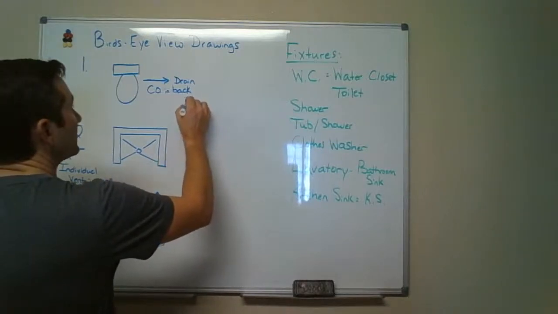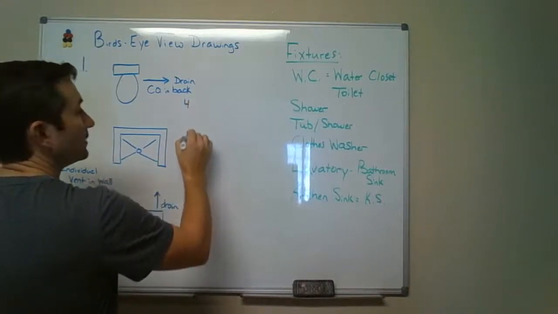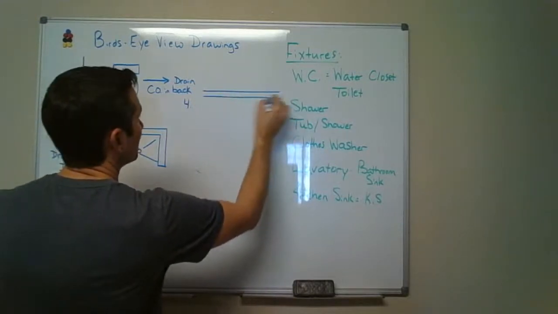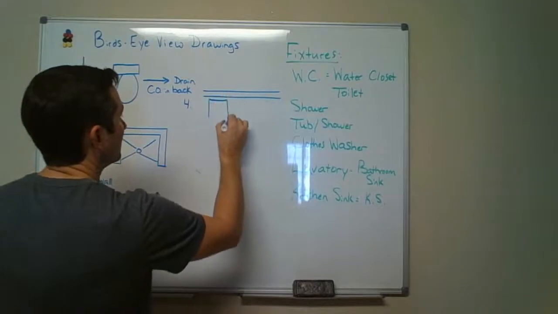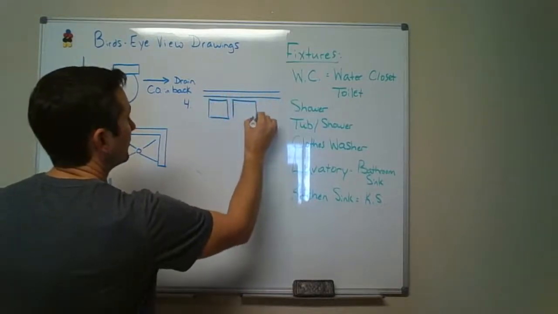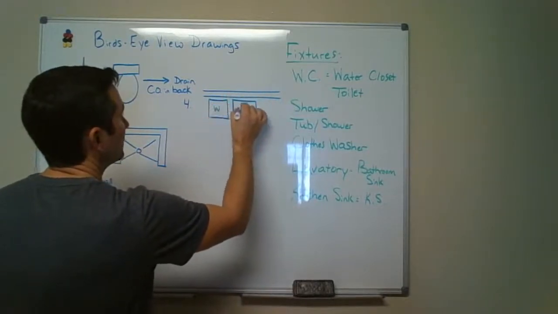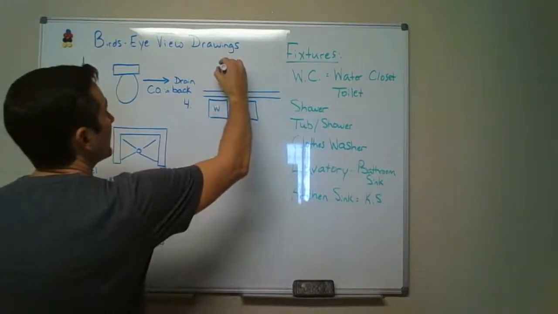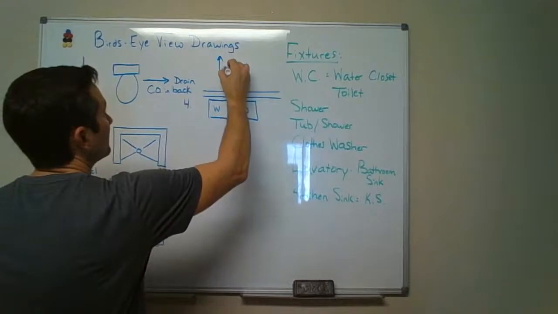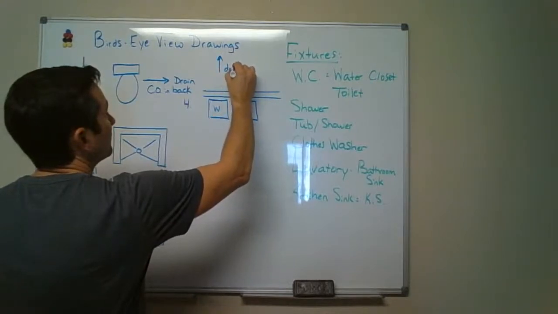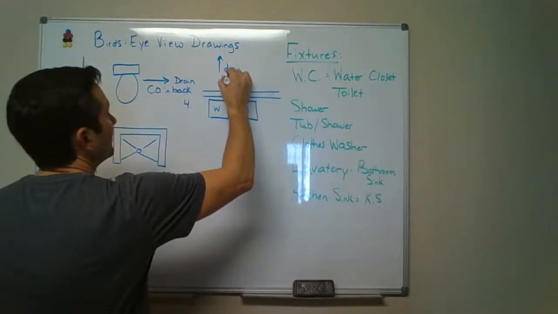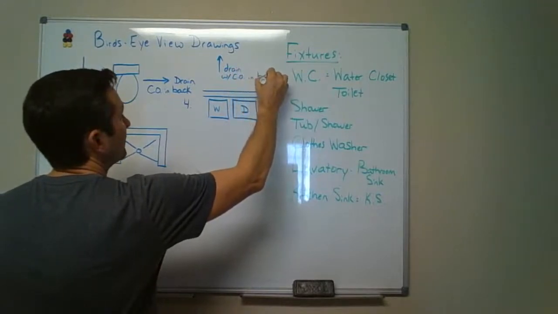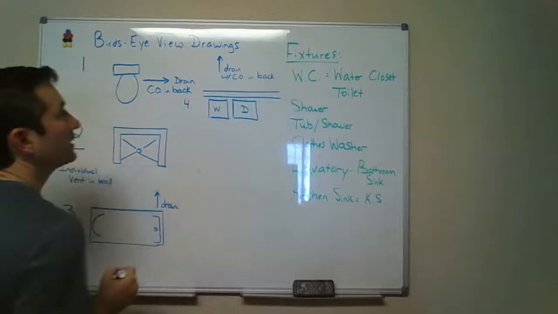Number 4. Now they start to get a little bit more tricky. You've got the clothes washer. You've got a washer and a dryer. I want you to send the drain in this direction with a clean out in the back of the drain line.